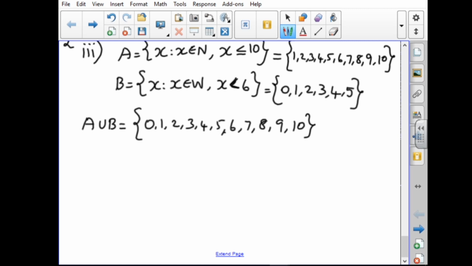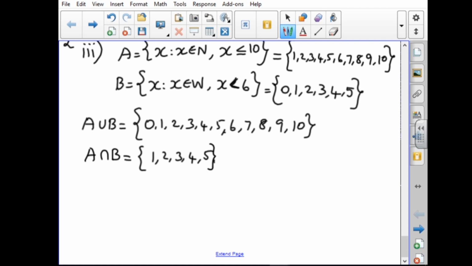This is A union B. Then intersection means elements in both A and B. 0 is not in both sets. So that means 1, 2, 3, 4, 5, that's all. So this is A intersection B.